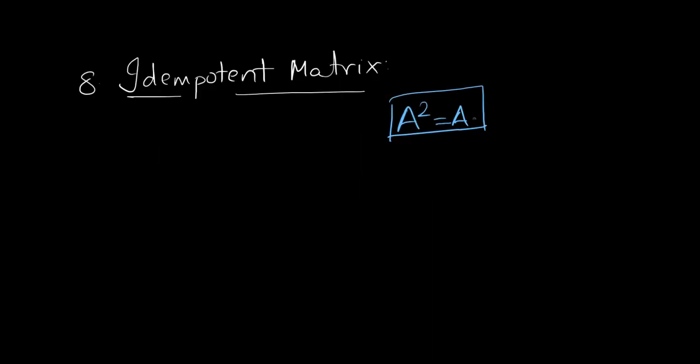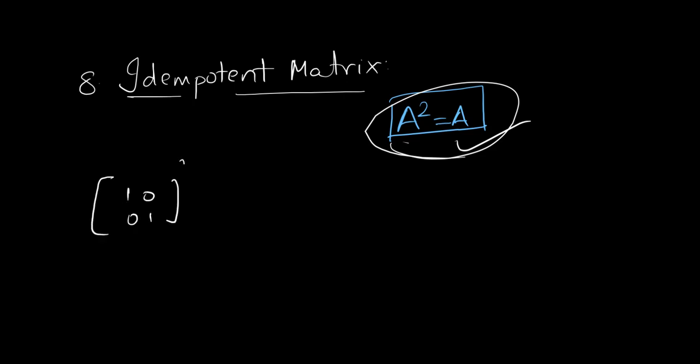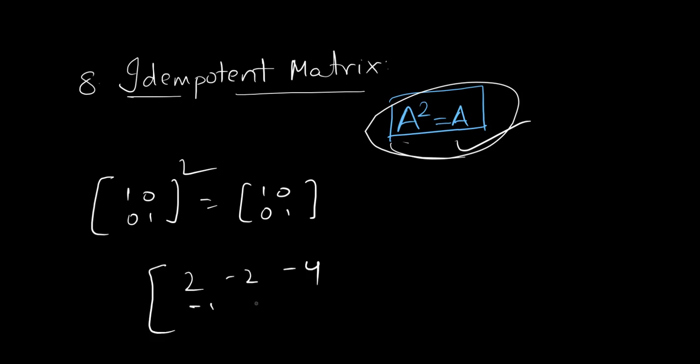Idempotent matrix, I already wrote it for you. It's going to be A square equal to A. So let's take an example. If we take identity 1 0 0 1, the square is going to be 1 0 0 1. If we take other things like 2 minus 4 minus 1, 3 4 1, minus 2 minus 3, with the square it's going to be the same.